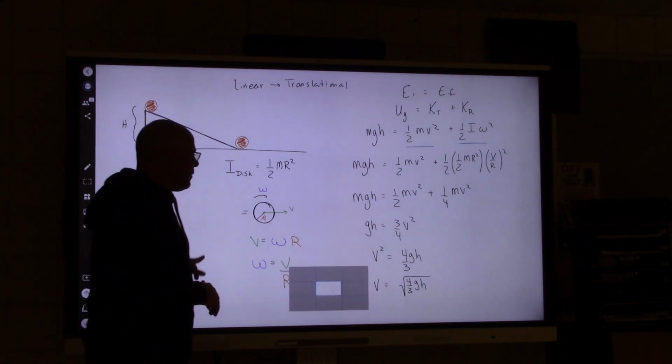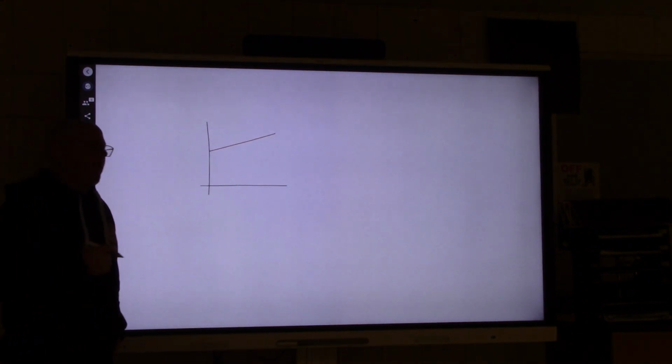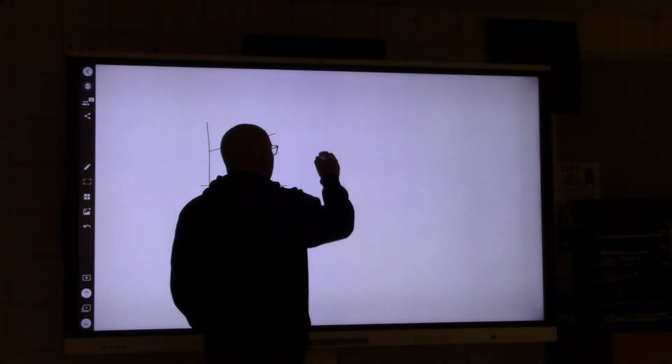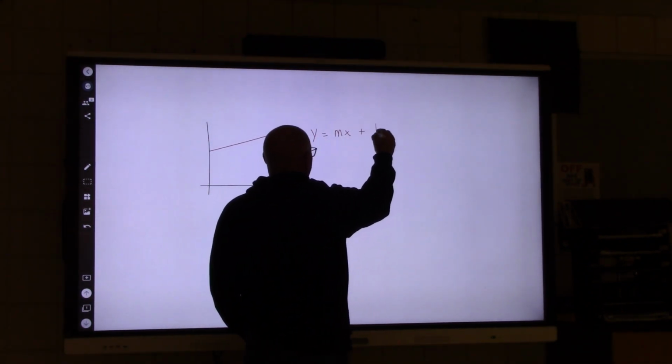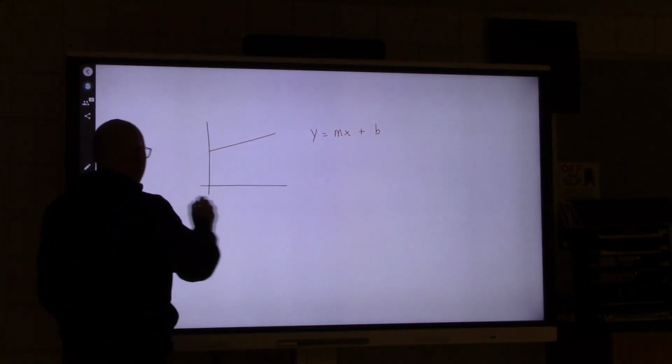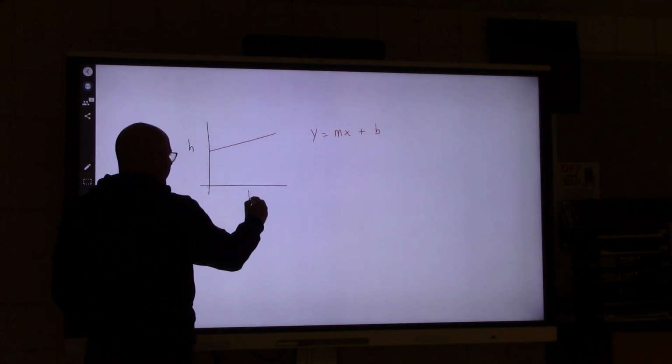Now, one of the things about the graph that I want you to keep in mind is you're going to get a line that somehow looks like this. You need to draw a straight line. You obviously are going to need to calculate the slope and the intercept, true? And you're going to write it in terms of y equals mx plus b, correct? So in the question, it says write the h in terms of the b.